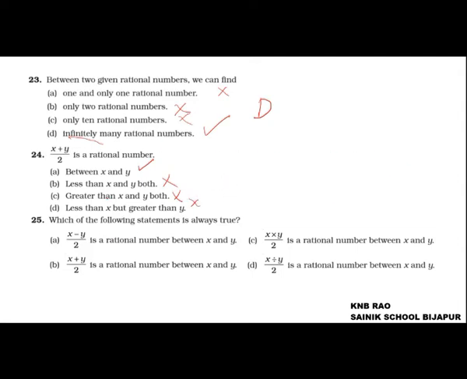Next, in question number 25, which of the following statements are always true? You have to observe truthfulness. x minus y by 2 is a rational number lying between x and y. It is no. Next, x plus y by 2 is a rational number lying between x and y.